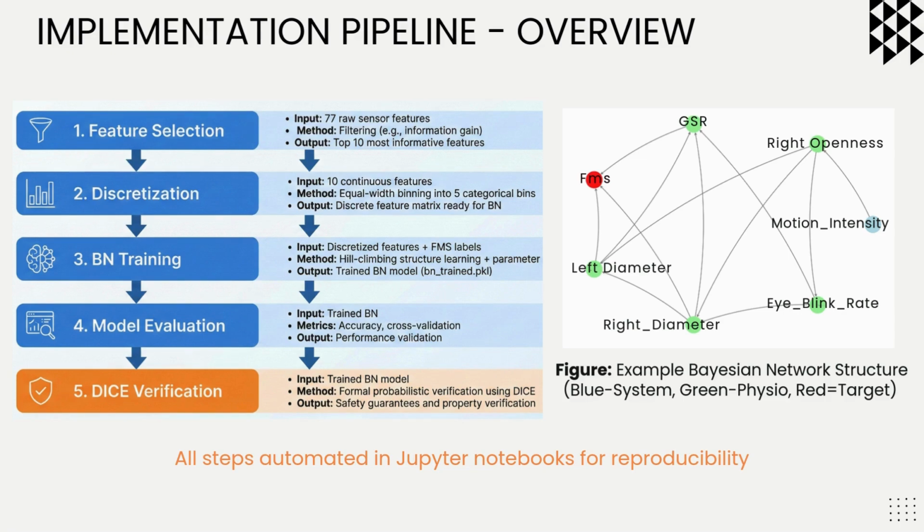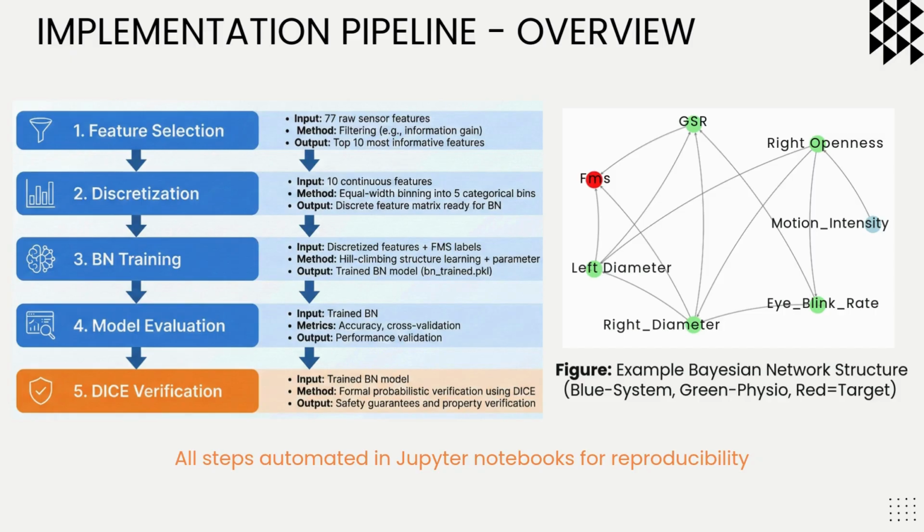Then, following the baseline paper, I used the hill climbing algorithm with BIC scoring and hierarchical constraints to train the BN model, and it discovered 12 causal edges, showing how system parameters influence physiological responses, which in turn determine cyber sickness.